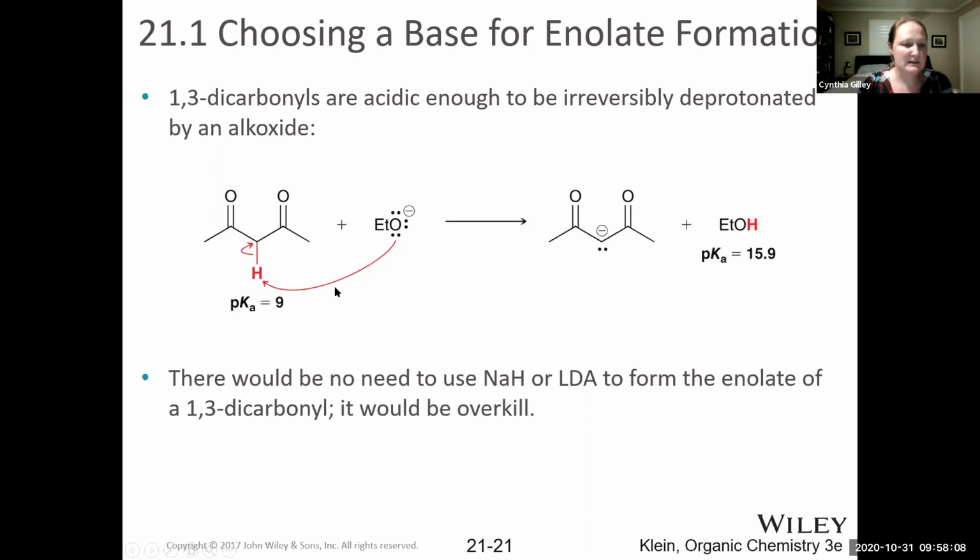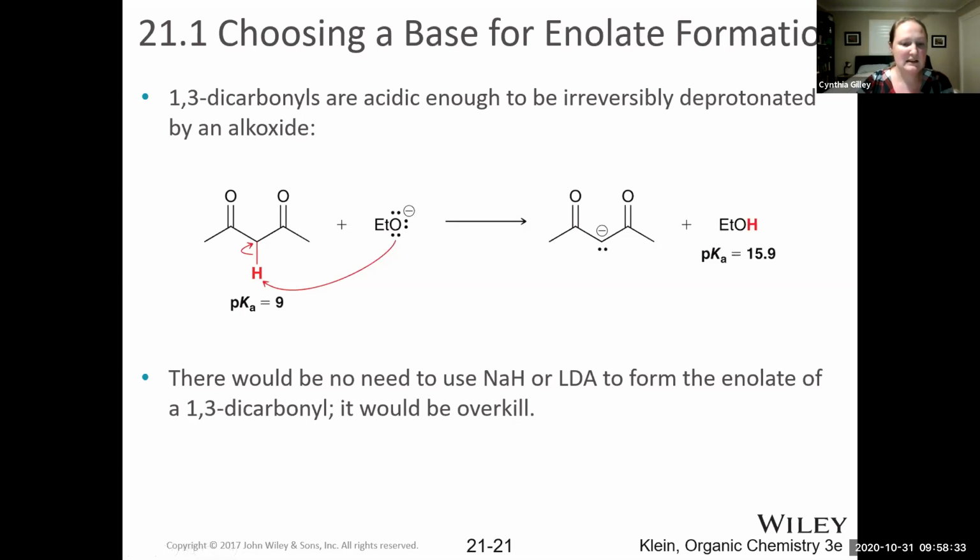So sodium ethoxide would selectively deprotonate a hydrogen in the center of this molecule, forming what we would call a doubly stabilized enolate. With a pKa difference between the acid and the conjugate acid of about 7, that is significant enough that there's significantly more products than reactants in solution.